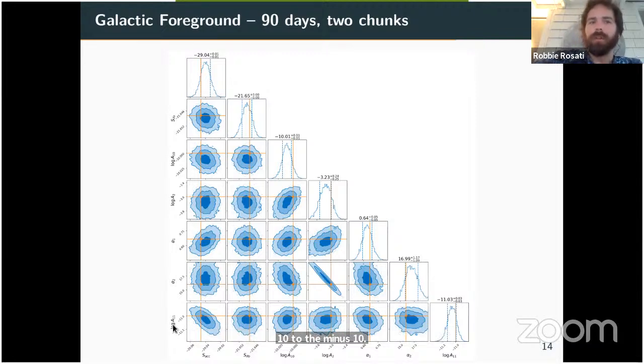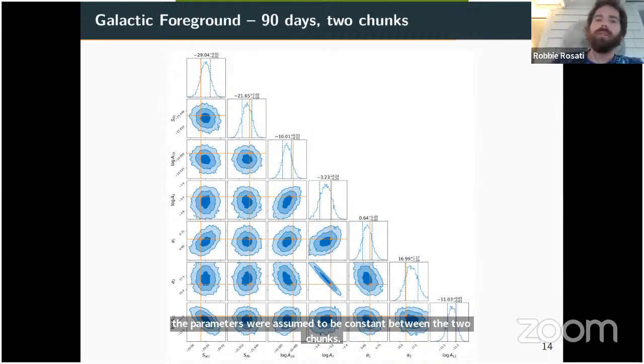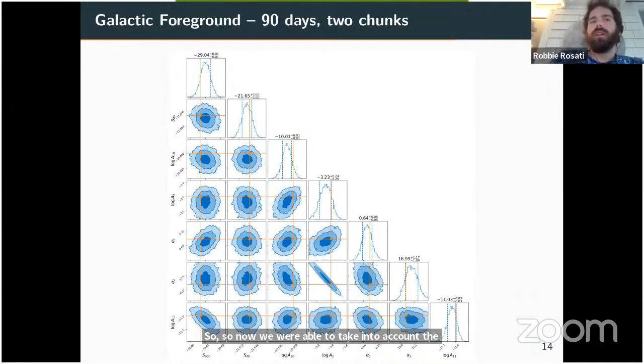The second chunk, it was 10 to the minus 11. All the other parameters were assumed to be constant between the two chunks. So in that way, we're able to take into account the varying galactic foregrounds while having some constant parameters for the instrument noise or other parameters of the signal.